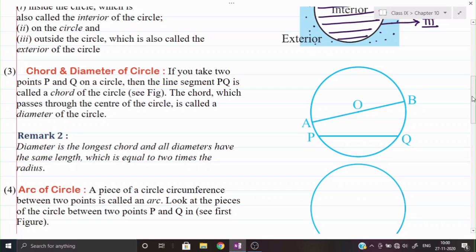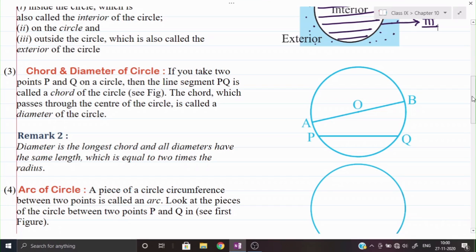Now if I join these two points and form a line, this line will be called the chord of a circle. The chord of a circle joins two points that lie on the circumference of the circle.